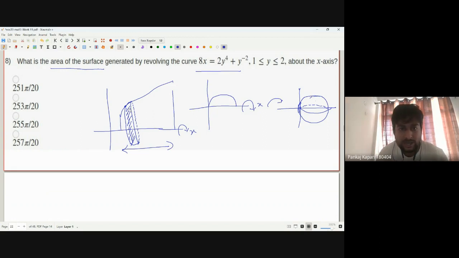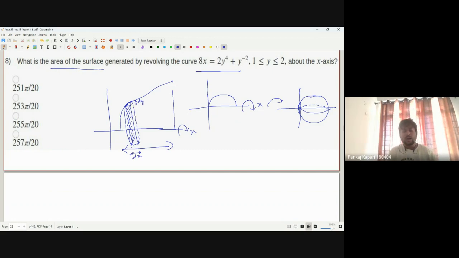For this strip, you have to find the length of the arc, this arc element, because on the x-axis you have a small length dx, and on the y-axis you have this length dy.